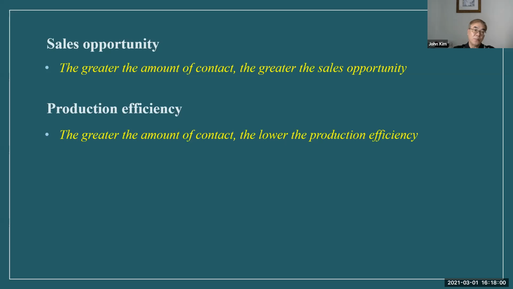They try to contact you more and then increase sales opportunity. And production efficiency: the greater the amount of contact, the lower the production efficiency. Because with more contact, a high degree of contact, it is difficult to standardize, difficult to control, difficult to rationalize. So production efficiency drops or is lower.